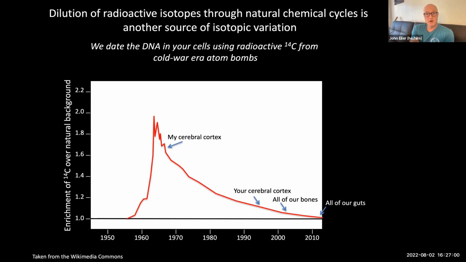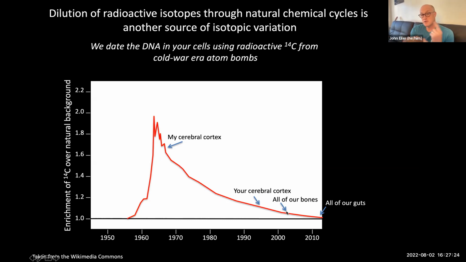So for example, the carbon atoms in my brain, I'm older than pretty much all of you, are richer in carbon-14 by about 70% than most of yours, because those tissues were laid down when I was born and really have not been swapped out. Your cerebral cortexes have maybe 50% less carbon-14.